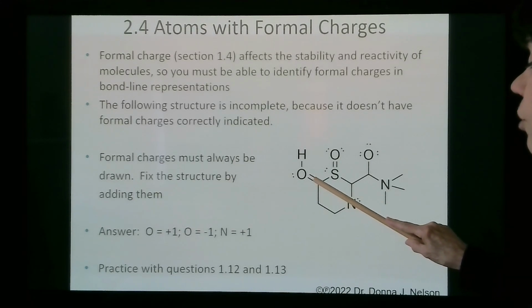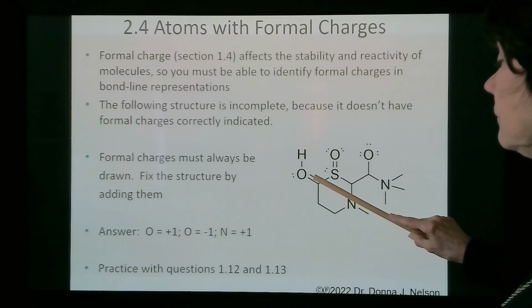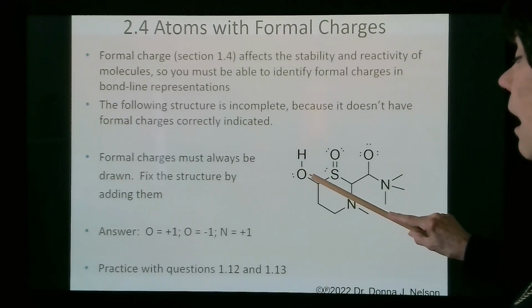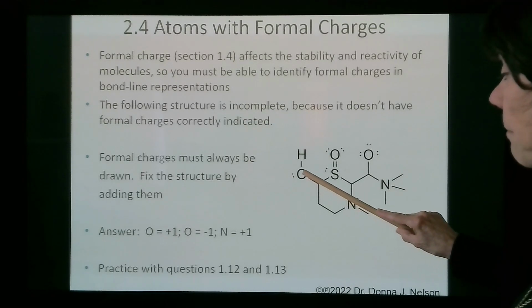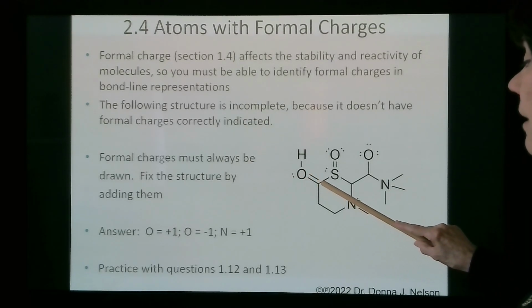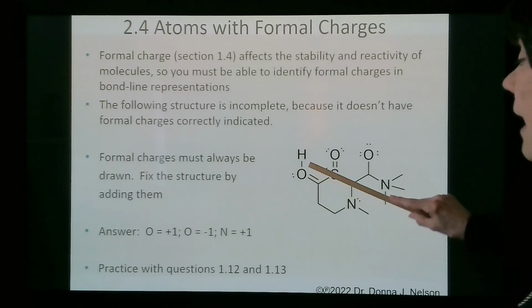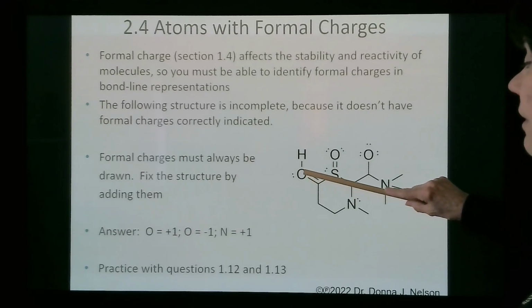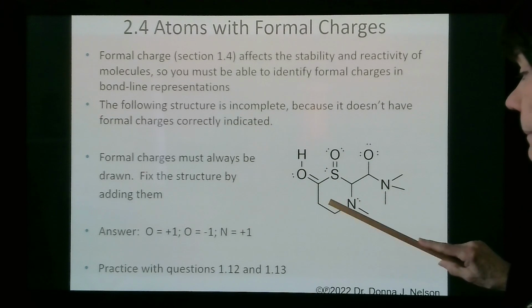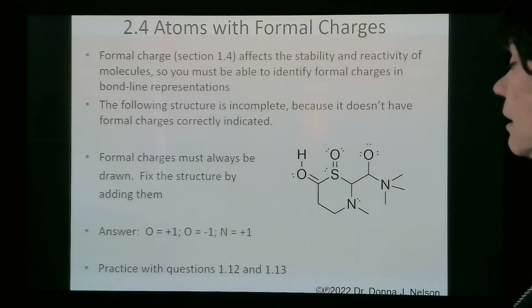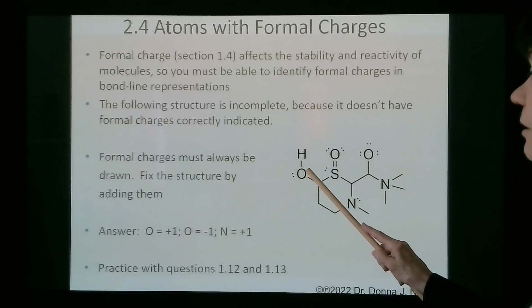One of the electrons in the carbon-oxygen sigma bond belongs to oxygen, the other one belongs to carbon, and only one of the electrons in the oxygen-hydrogen bond belongs to oxygen.